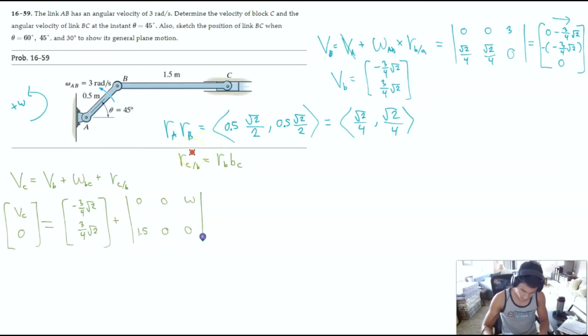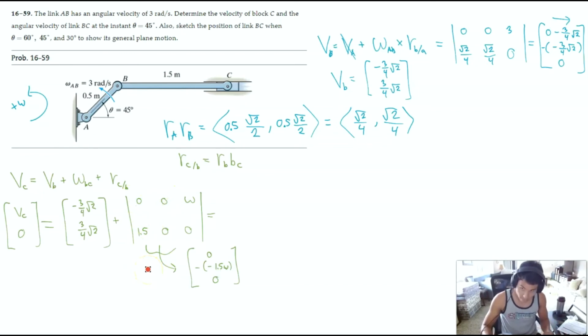Okay, so I will write this part out right here. So you're going to get this vector. As you can see, 0, 0, so there's no i component. And then 0, this, so there's only going to be a j component. It's going to be negative, negative 1.5 omega. And again, no k component.